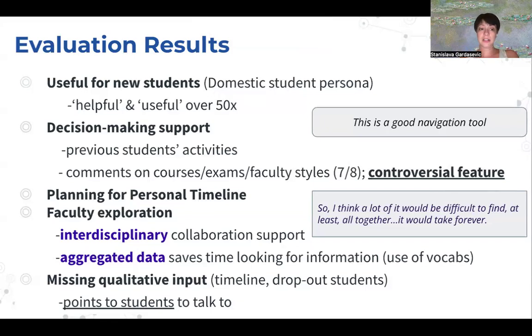And in over 50 instances, they actually explicitly said helpful or useful as a word. Especially for domestic students who are very driven to go through the program really fast, they are looking for ways to show them how to do it, and the graph is helpful there.